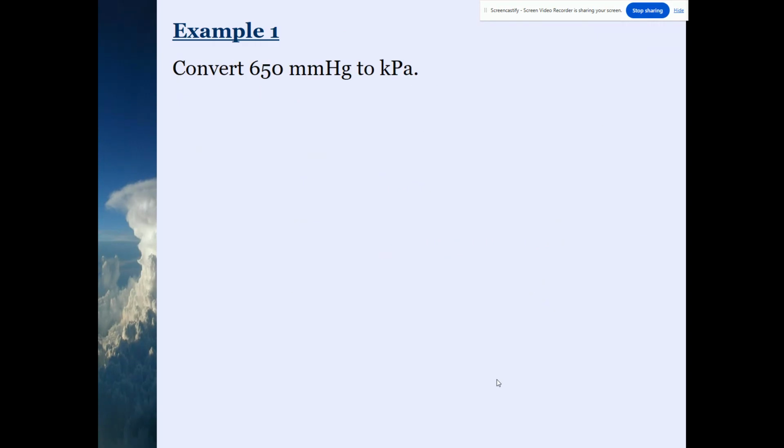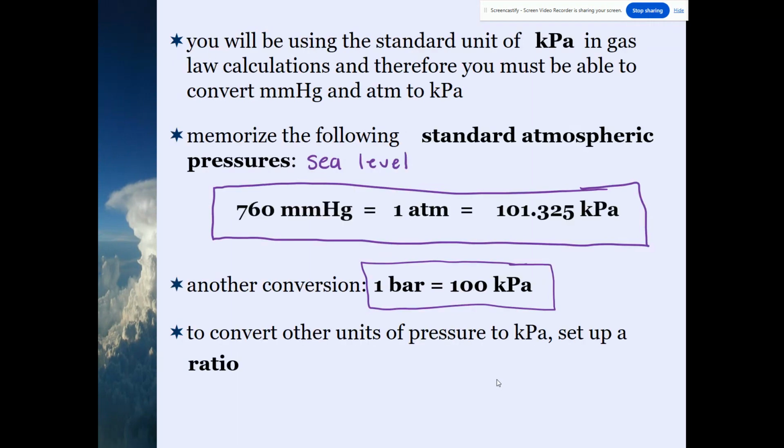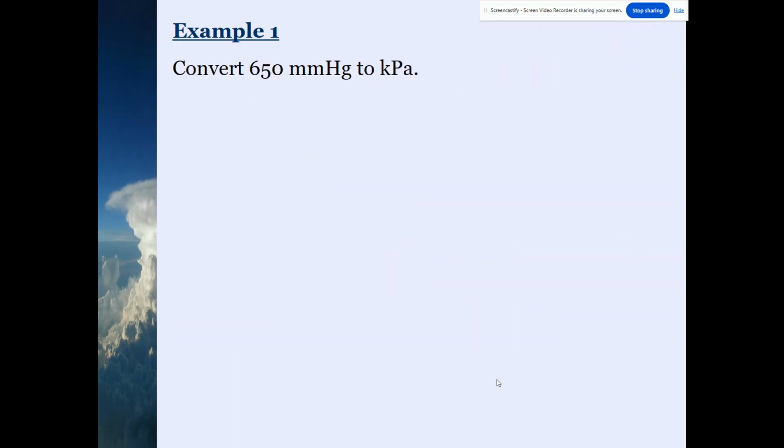So in order to do a conversion, we're going to use unit analysis. You can set up a ratio, or you can use unit analysis, dimensional analysis, another way of saying it. Okay? So for example, I'm converting millimeters of mercury to kilopascals. So based on that relationship that we saw before, there is 760 millimeters of mercury in 101.325 kilopascals.